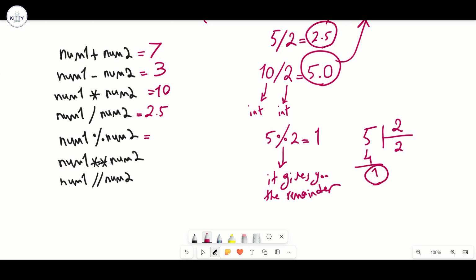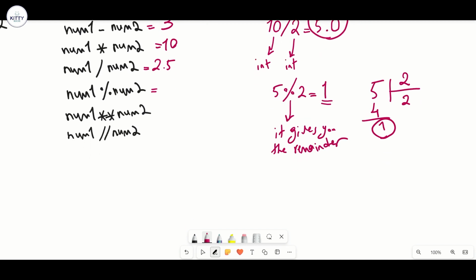So this one is the remainder, which is the answer, 5 mod 2. What if I say 2 mod 5? So simple. You just write 2.